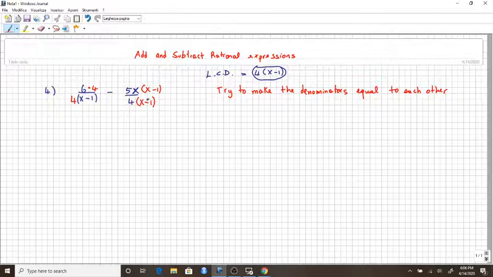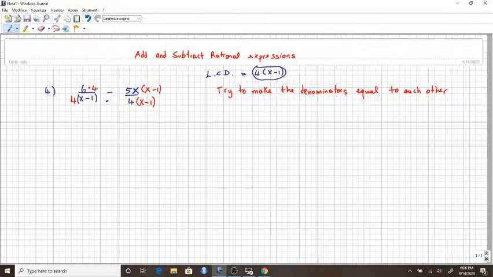So I'm not changing this rational expression. I'm not changing this difference. The difference stays the same because I multiply and divide each expression by the same term, which in theory could simplify, so we come back to the original one. So this is the key process. You want to make the denominators equal to each other by multiplying and dividing by anything you need to.